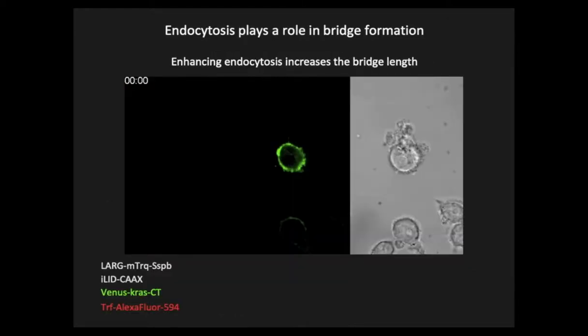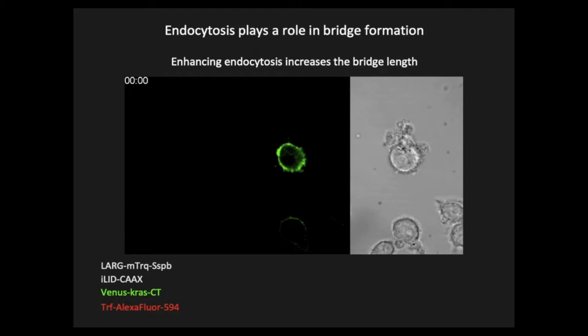Here I will present one of the most interesting results that I have, one of the experiments that I like the most. It also shows another advantage of the system configuration that we have. We can induce two different processes at the same time, endocytosis and cytokinesis, and then watch the effect with time and local control.